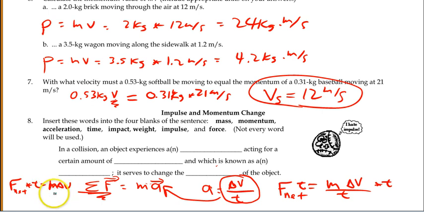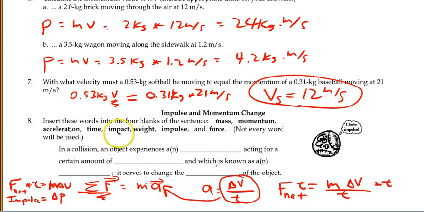This, mass times change of velocity, is the delta p, the change of momentum, and the F net times t is called the impulse. The symbol for impulse is actually capital J. I's and J's are pretty close to each other. They went with the J here because I is used for other things like current.